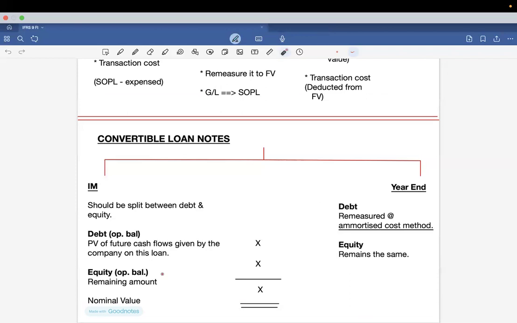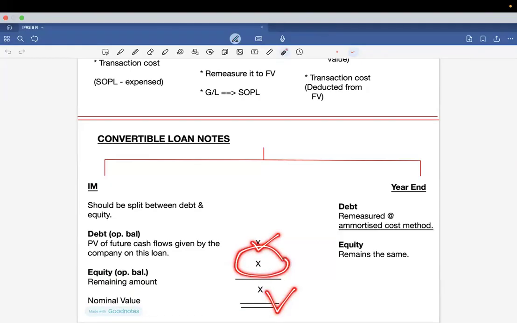Then you take the nominal value, as in the initial value, and the difference is the equity option. This is the balancing figure. The first two would be given to you, and you just need to find this one.